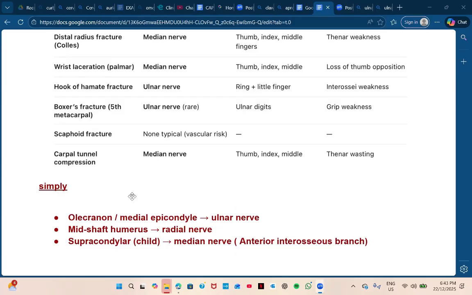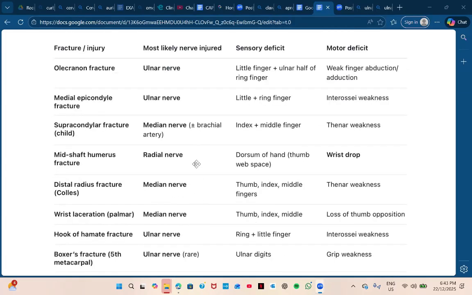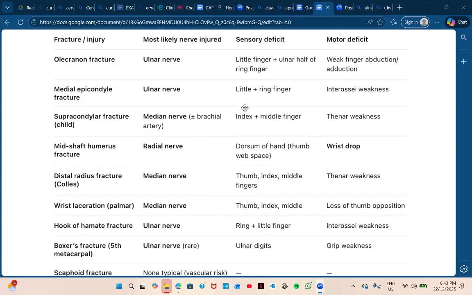And carpal tunnel syndrome, median nerve. Take a pen, after this, and write ulnar nerve and make some arrows: olecranon fracture, medial epicondyle fracture. Then median nerve: distal radial, carpal tunnel syndrome. Then median nerve, anterior interosseous branch, supracondylar fracture, usually in children.